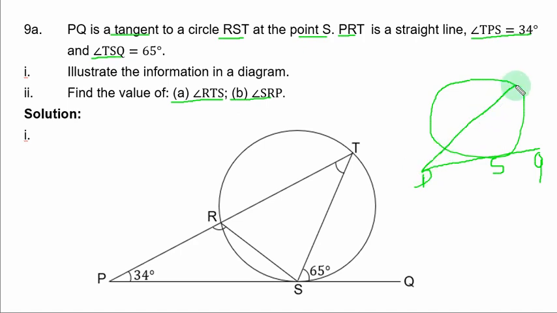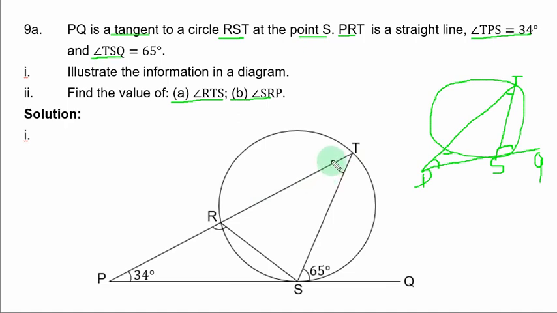Now we have angle TSQ. So if here is T, one angle is here, you need to join these 2 points together. This angle is 34, this angle is 65. You are asked to find this angle and you are asked to find this angle. So you have the information you are asked to illustrate in a diagram.